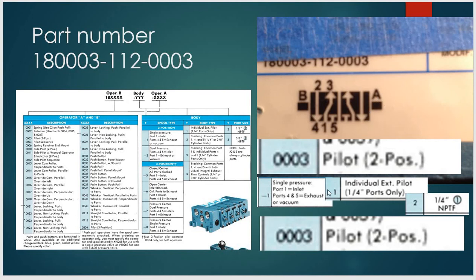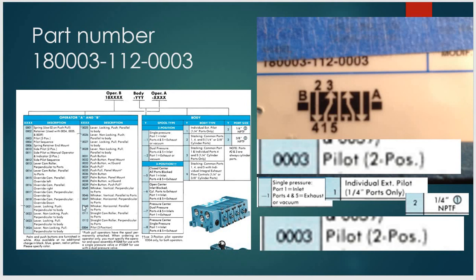And then the body, which was our 112, I already went through that with you. So port 1 is inlet, 4 and 5 is exhaust. We've got individual external pilot quarter-inch ports only, and of course quarter-inch national pipe thread fine.